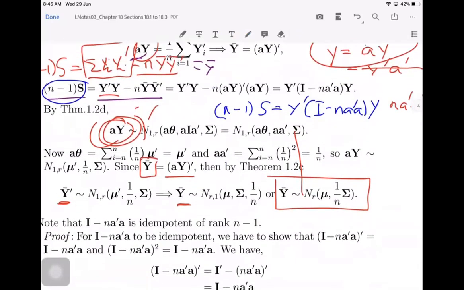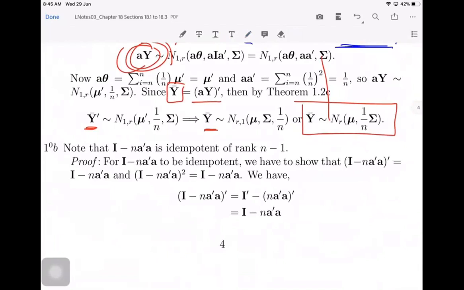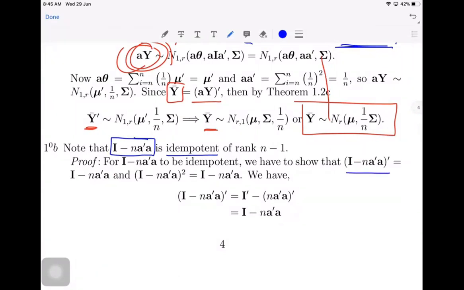Now we try to scrutinize this term. What is that? Note that in chapter, anyway, we know that it is idempotent, but we can prove that. So when we say this is idempotent, then we can show that the transpose of that is just equal to the original matrix, and the square of that is just equal to the original matrix.